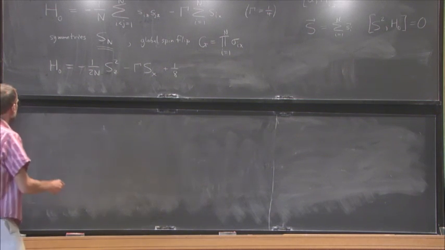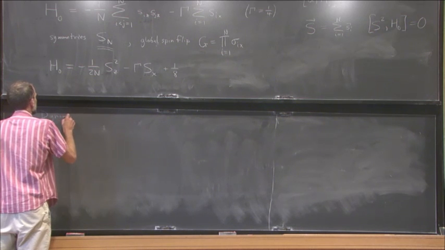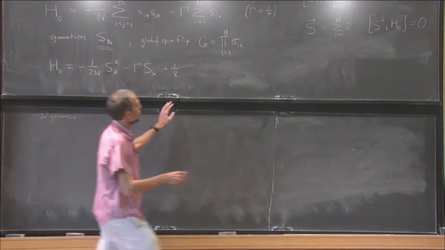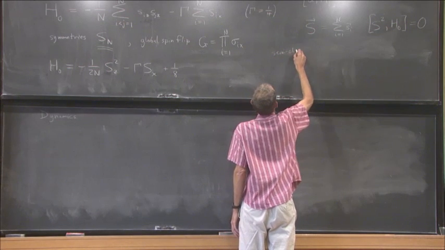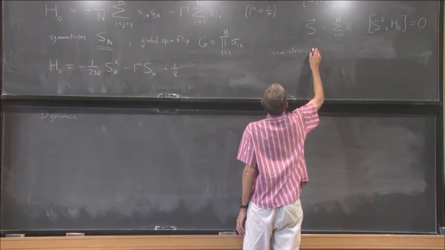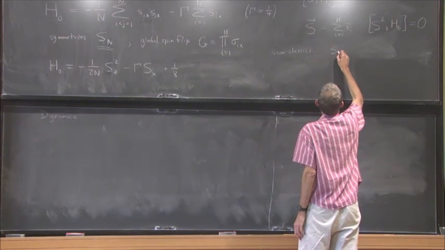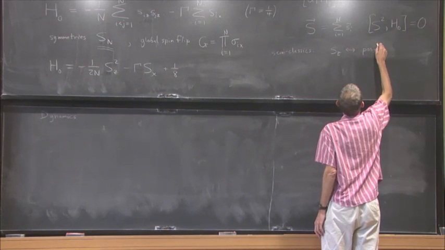Okay. So what does the dynamics of this system look like? We can actually do a semiclassical dynamics. Let me just list the dictionary here. So semiclassics for this. So we take Sz as the position.